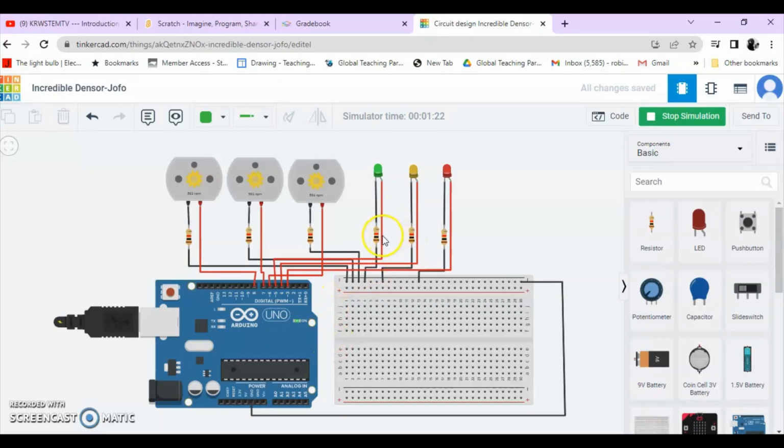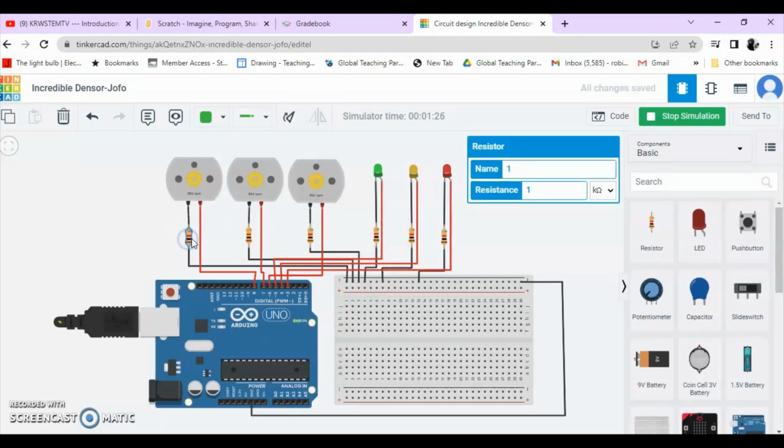Another thing that we will want to get to in detail is the concept of increasing the value of the resistance. If I increase the resistance value, I can actually control the speed of rotation.